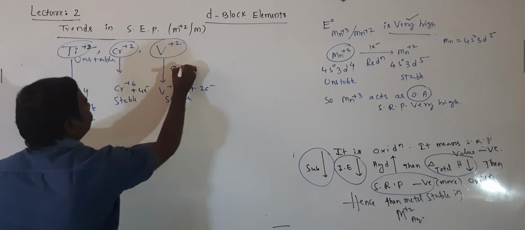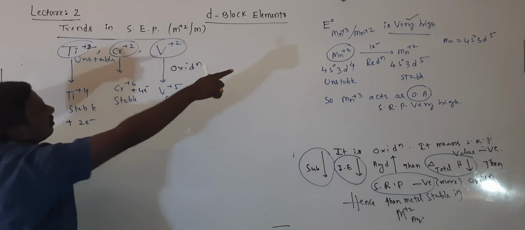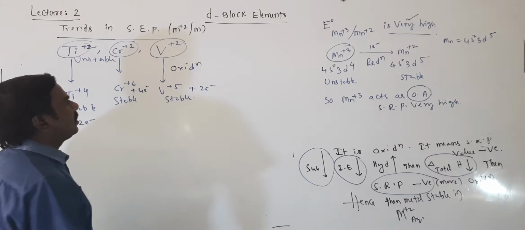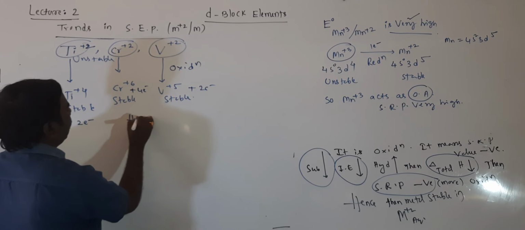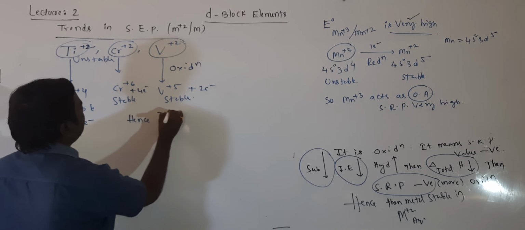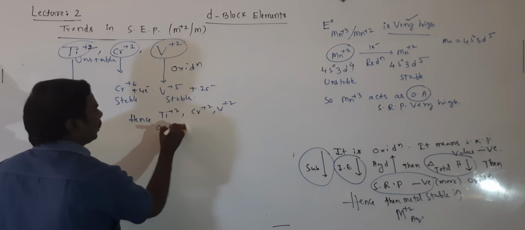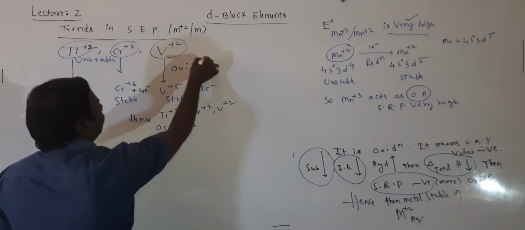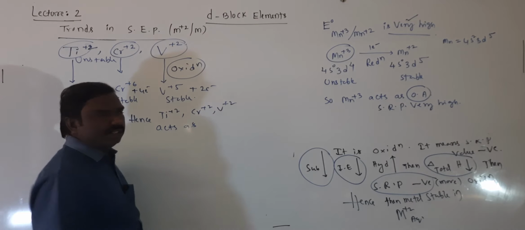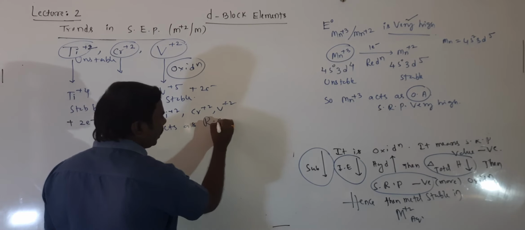Losing means oxidation, so themselves involved in oxidation. Hence Ti plus 2, Cr plus 2, V plus 2 are themselves involved in oxidation, and they act as reducing agents. Very, very important. One mark question it is.